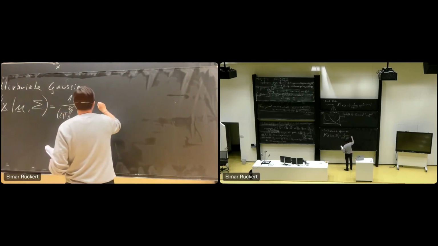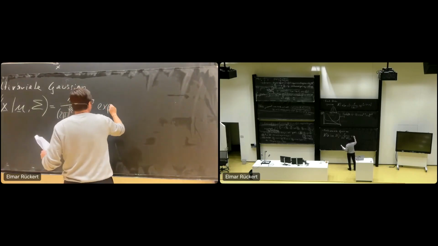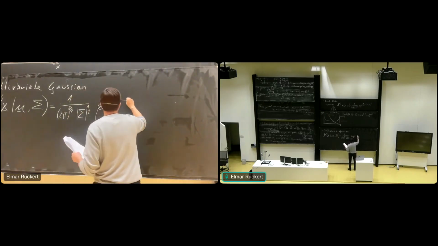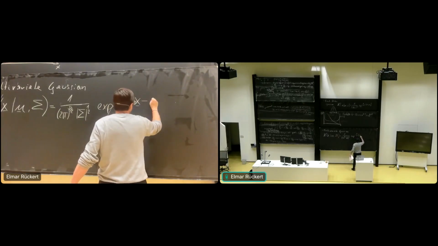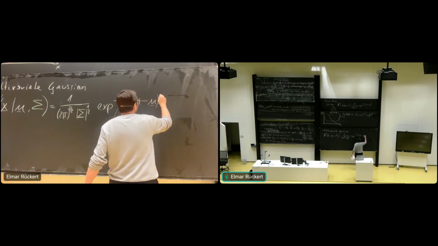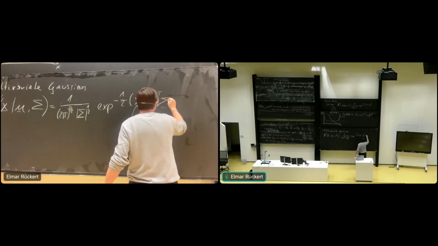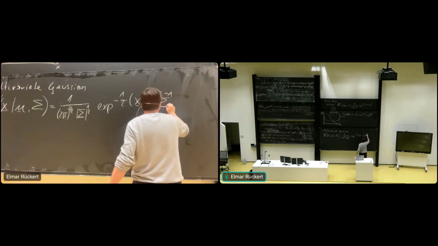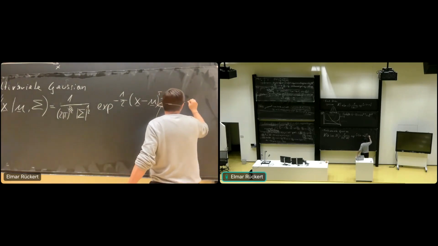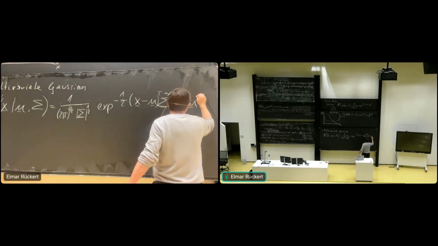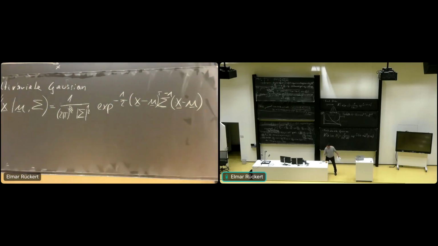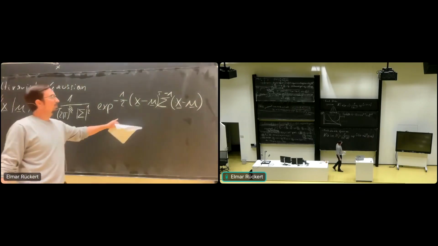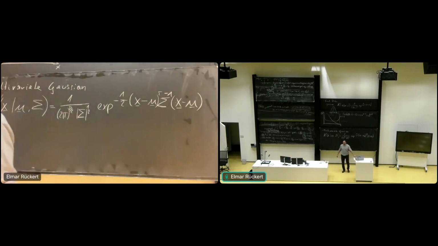multiplied by the square root of the determinant of our covariance times the exponential of minus 1/2 x minus mu transpose sigma to the power of -1 times x minus mu. These are all vectors. And what is very nice about this multivariate Gaussian distribution is that this model is very powerful.